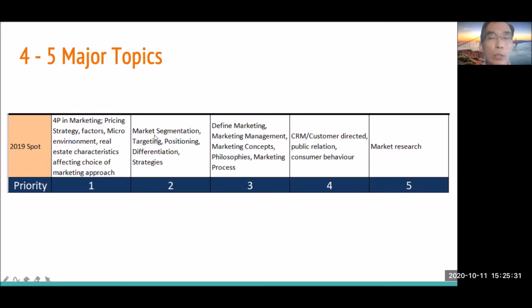The second one is market segmentation, targeting, positioning, and differentiation strategy. Third is define. This is more like concepts and theories, and you have to give definitions. The fourth one is customer relationship management. So I just summarize. In fact, you only need to remember 4. Actually, I make it easier for you.